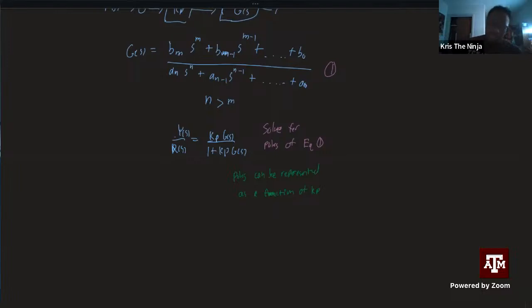So the root locus is just a graph of all possible poles of equation 1 relative to the parameter Kp.